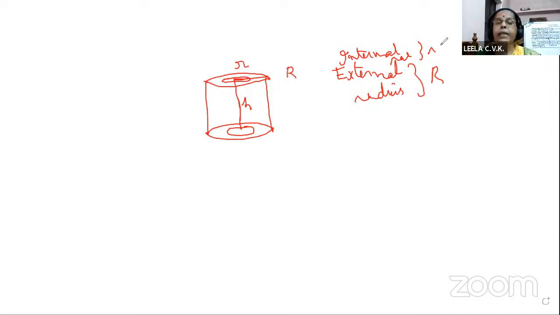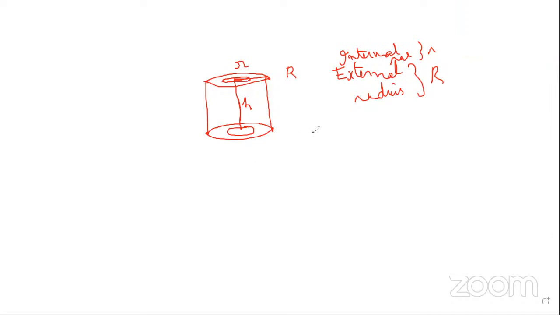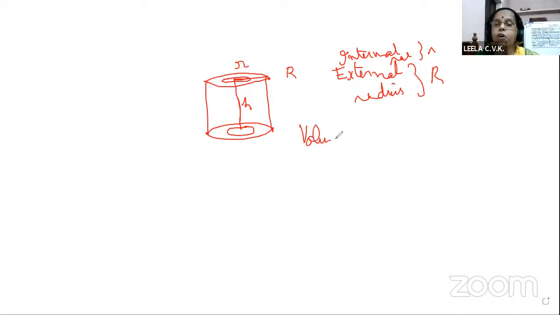Now first we will see the volume. Volume of the hollow cylinder is the volume of the material with which it is made. That is equal to base area into height, which we know.